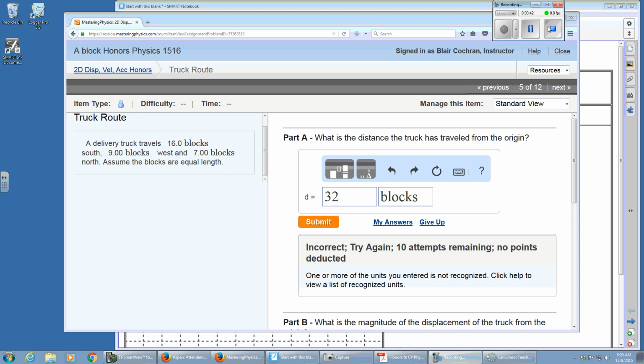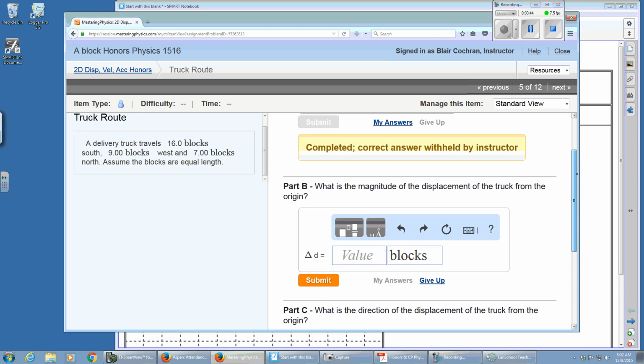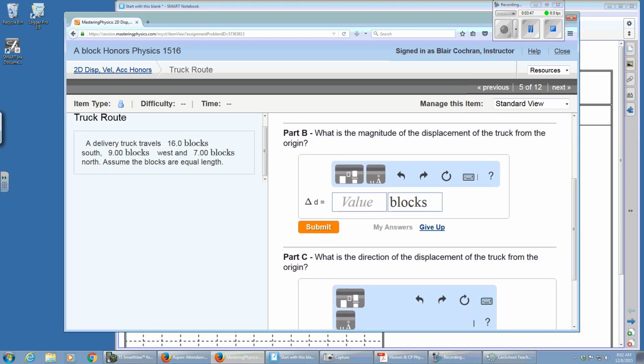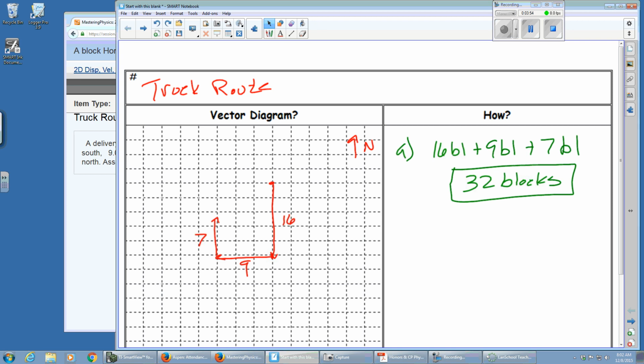Well, the value. All right, so let's go on to part B here. The magnitude of the displacement of the truck from the origin. So now what we're looking at for part B is this vector here, delta D, which would be the displacement, and the magnitude is the length of that vector, and then the directionality is part C, where they asked us south of west, I think, was it?